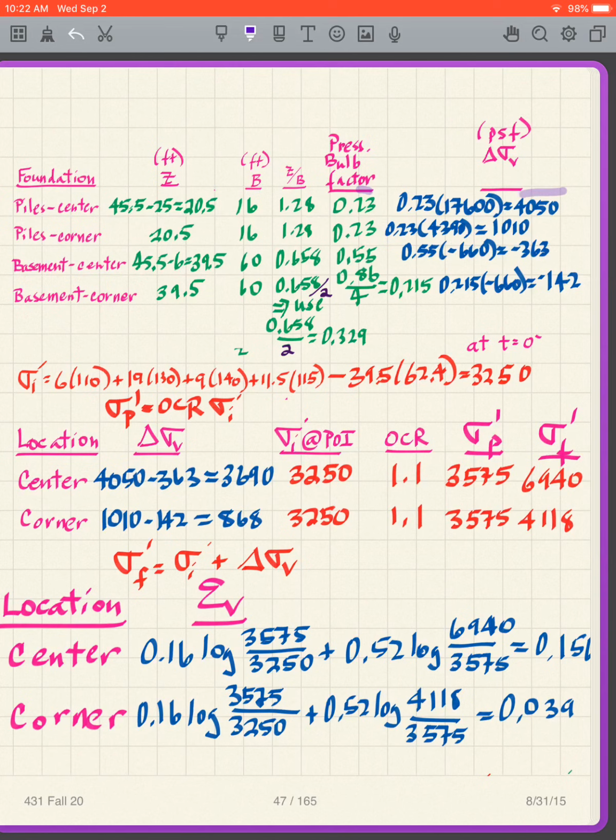Okay, so we get our delta sigma V's here, and notice I use the negative sign because those are going to be negative. We're removing the soil to create the basement.